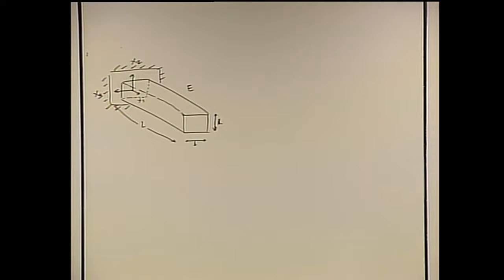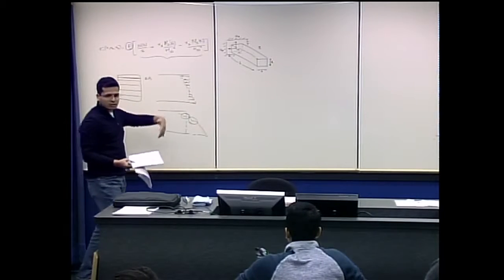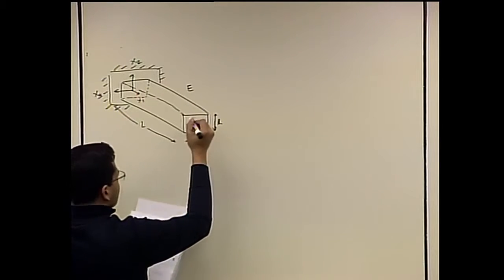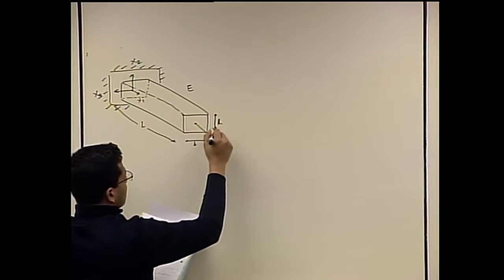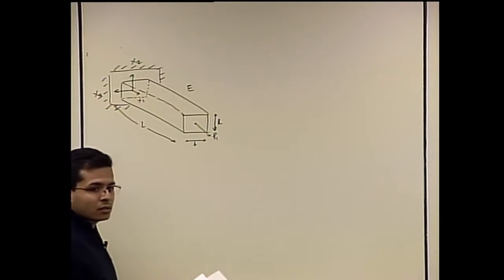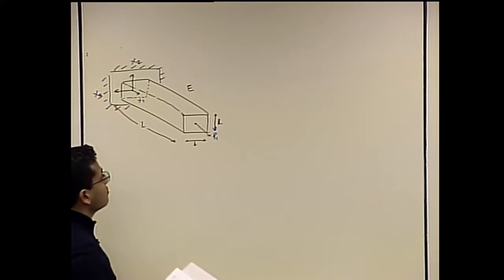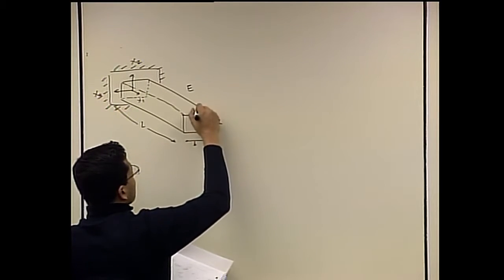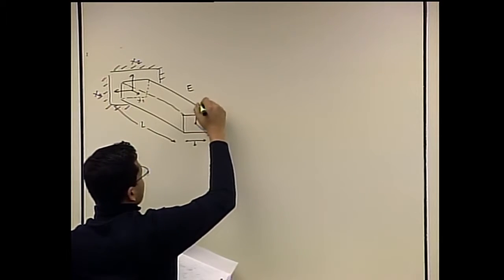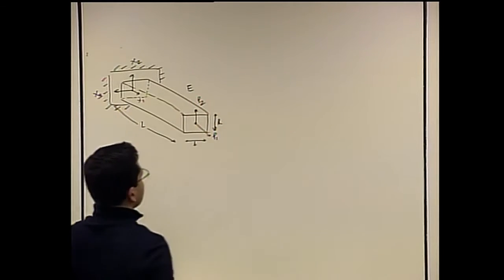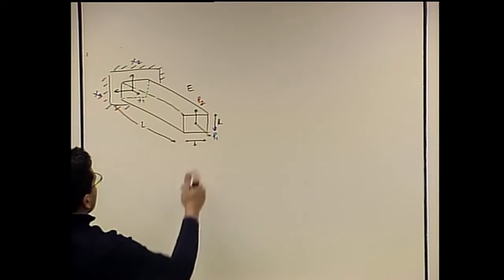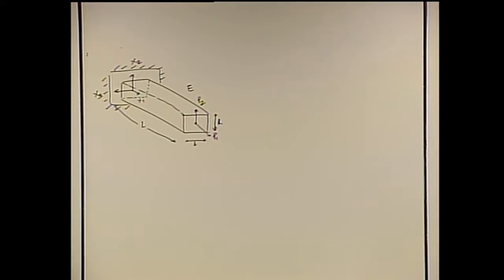There are no loads. So no loads means no stress, means no location for maximum stress. So let's give this beam a loading. We have P1, which is an axial load coming out of the beam, applied at the centroid, and a transverse shear force, P2. I'm just trying to be consistent with the notations or the coordinate frame.